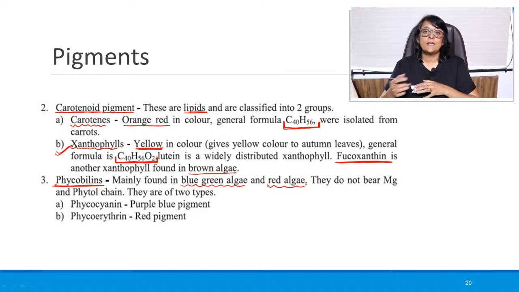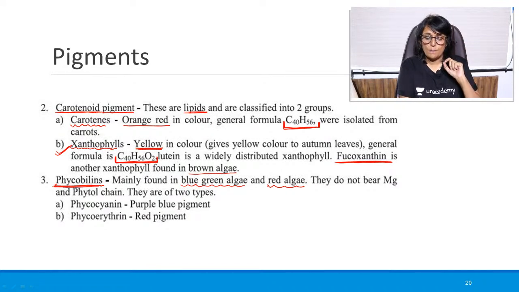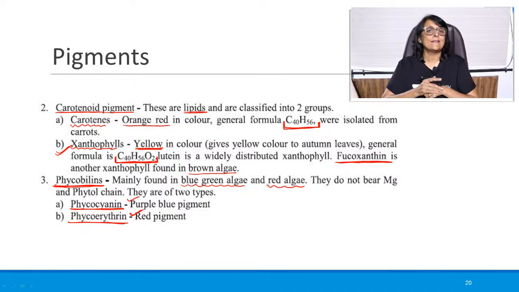So when we talk of various types of algae, that's where we study green algae, red algae, brown algae. So in red algae or blue-green algae, there are pigments which are grouped together, and that group is known as phycobilin. In this group, there are two main categories: phycocyanin and phycoerythrin. Phycocyanin is a purple colored or bluish purple pigment, and phycoerythrin is a red pigment.